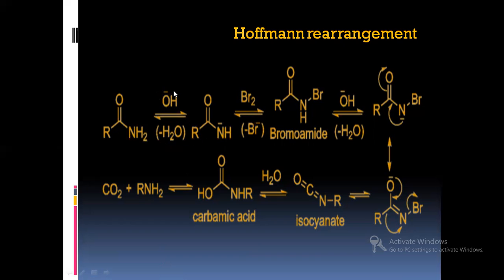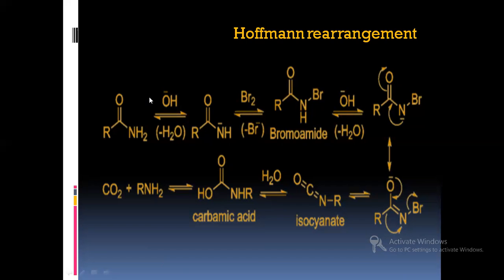This OH minus indicates the base, to form an anion, R double bond O NH minus, which then attacks the halogen to form an N-haloamide. I shall repeat the first point. The reaction begins with deprotonation of the amide by the base to form an anion, which then attacks the halogen to form an N-haloamide.